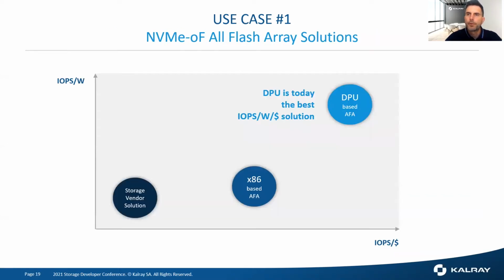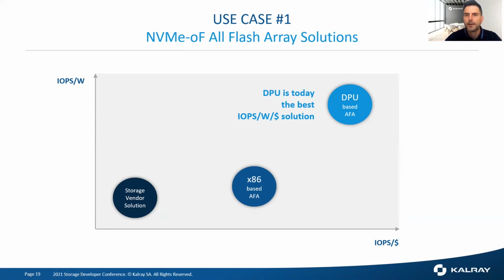So there are a number of ways to implement NVMe over Fabric all-flash arrays, and I will try to compare those different ways of doing it along 2 KPIs. The first KPI is on the x-axis, IOPS per dollar.